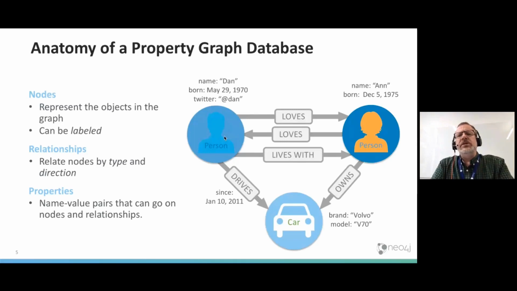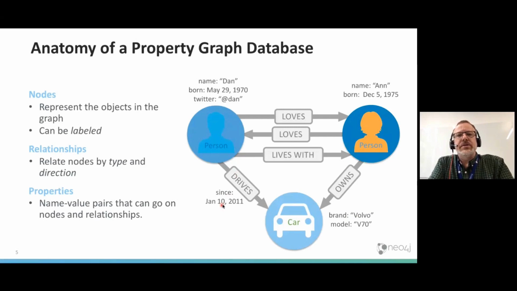Whereas we only have one lives with relationship, because if Dan lives with Anne, then of course Anne must live with Dan. It's kind of logical that way. So we can choose at query time to ignore the direction of the query because we don't really care which way it goes in. We know there's only one of them, and you can kind of treat it as bidirectional. And you can also have properties on relationships as well. So Dan drives this car.